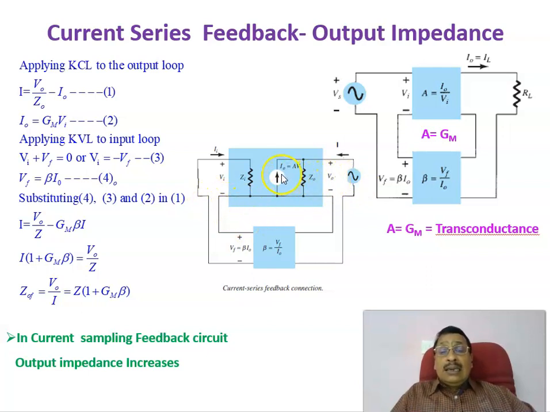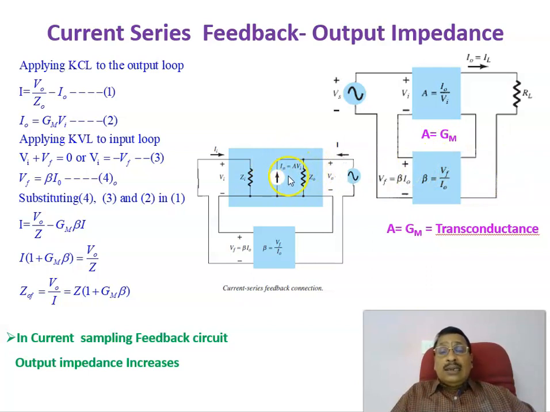Since the output is a current, we use a Norton's equivalent circuit, a current source with a magnitude of Gm into the input voltage Vi.